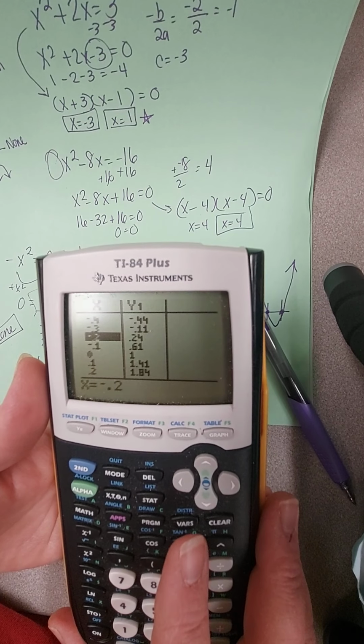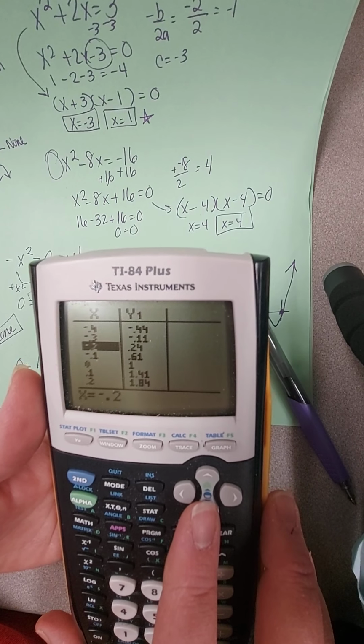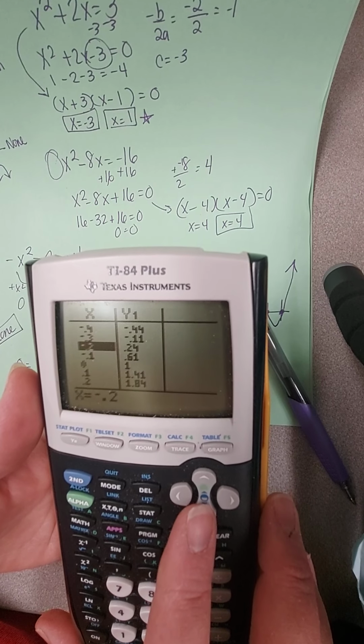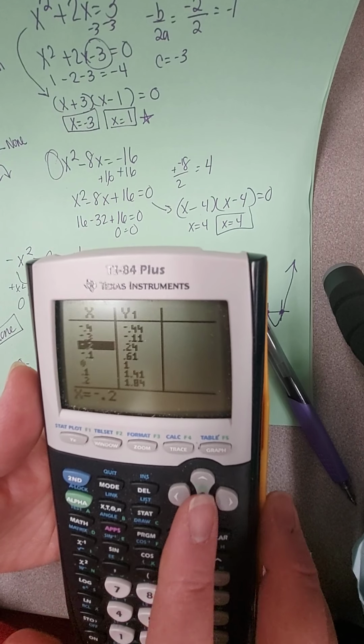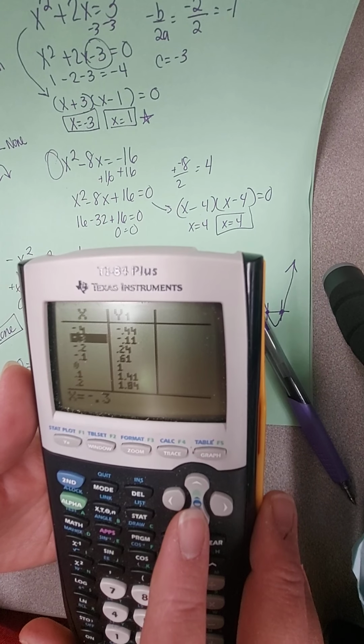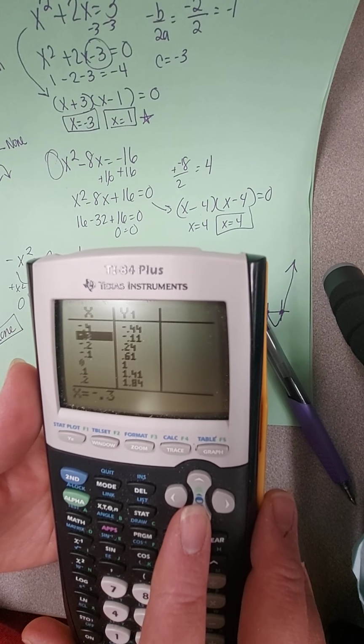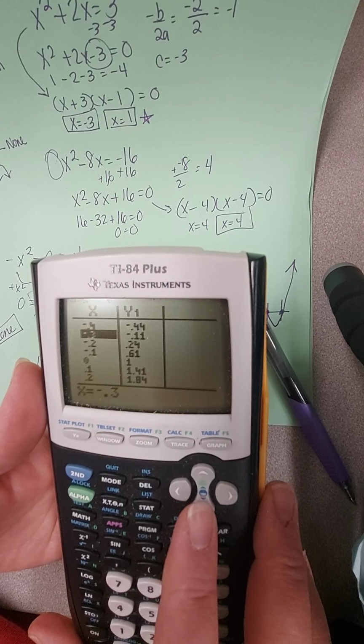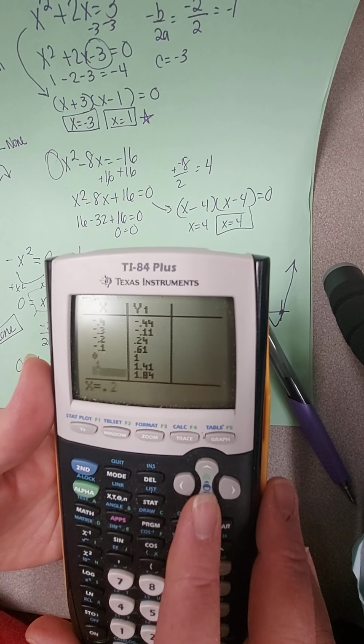That's your change of signs, is where you can tell where it goes. So your solution is closest to negative 0.11, and let's look over here.